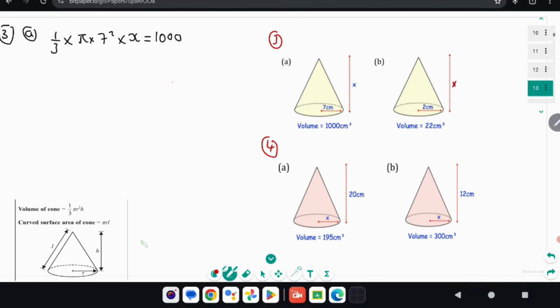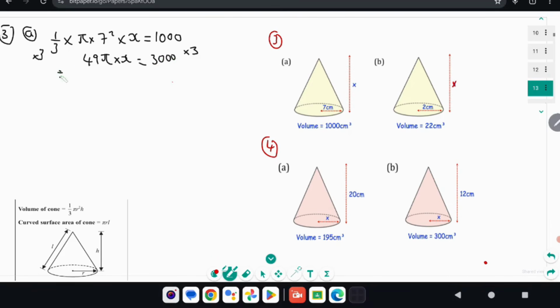There are a few ways you can do this, but I'm going to times both sides by 3 first, which is the opposite of dividing by 3. And I'm going to work out 7 squared as well. So times the left-hand side by 3. 1/3 disappears. 7 squared is 49. We have 49 pi times x is equal to 3000.